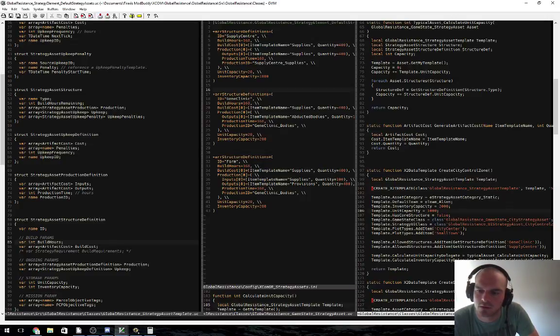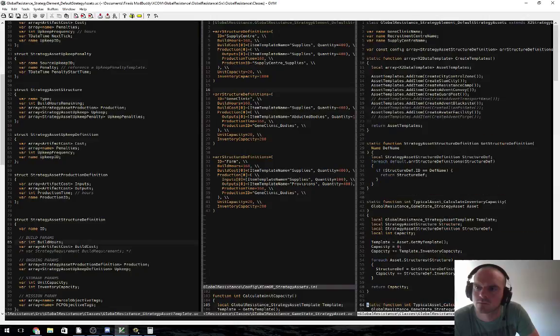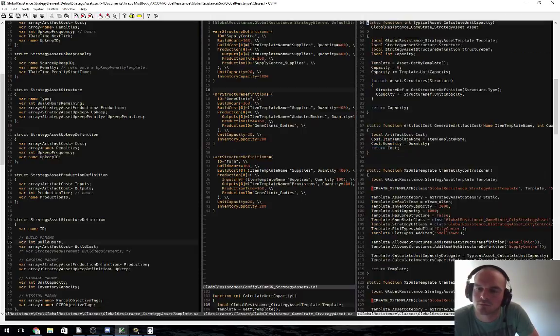However, these definitions might not actually be correct. As in, they might not be generating correctly, or they might not be populating correctly is probably the easier way to say it. ID equals def name.